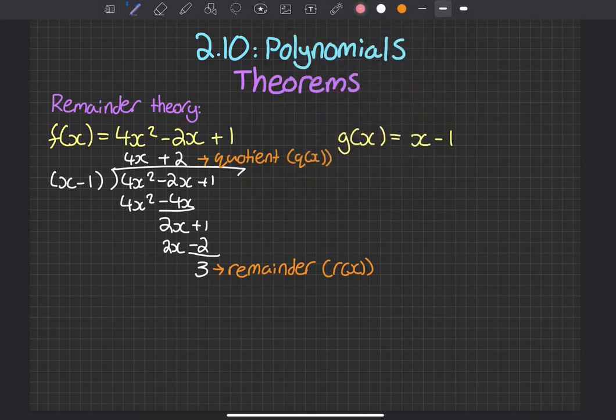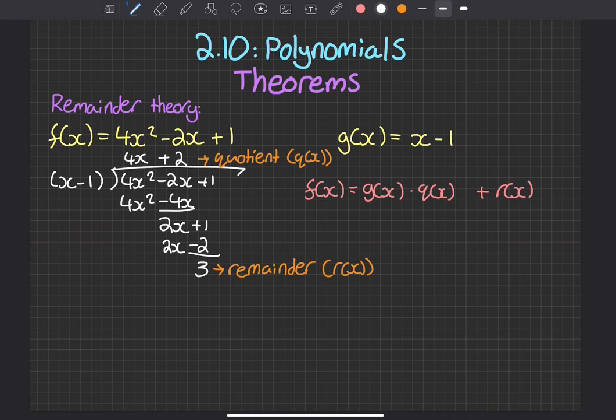And basically what we can do is we can say that f of x, which is the first function, can be expressed as this product of g of x and q of x, right? Because if this divided by this gives this, then this multiplied by this gives this, right? However, we have a remainder. So what do we do with this remainder? We just add it on the side here, right?